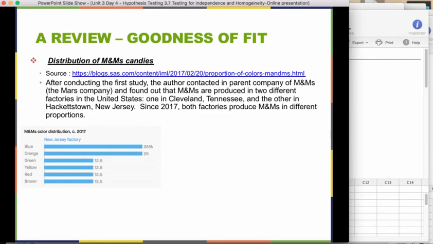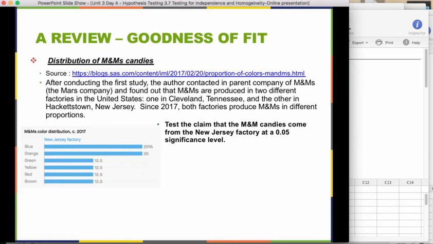Let's first test a claim that the M&M candies that the author had sampled came from the New Jersey factory. Again, we'll run it at the 0.05 significance level. So again, our claim is that the candy colors are produced in the stated proportions that you see over here. So 25% blue, 25% orange, 12.5% green, yellow, red, and brown.